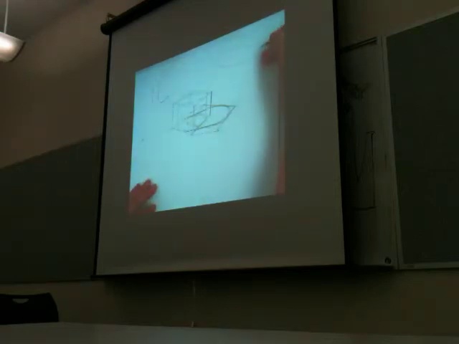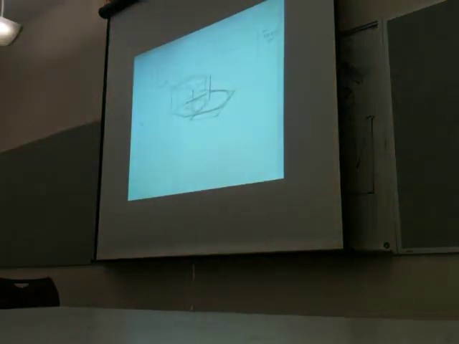I don't know why, but some people do this, where, for lack of a better term, it's like they tacked on the vertical to the side. You don't want to do that.